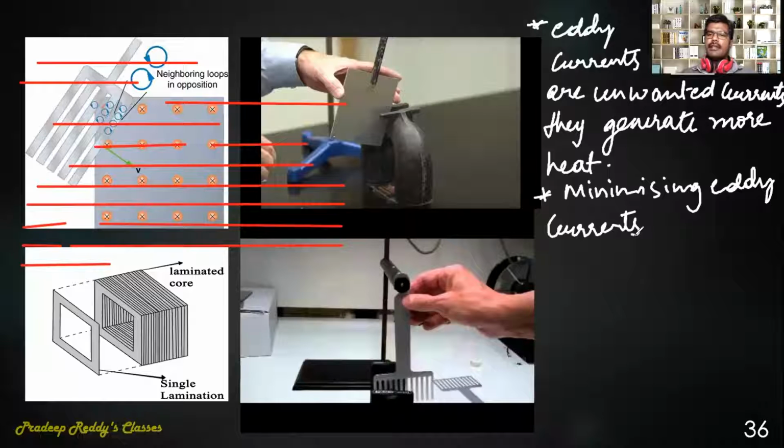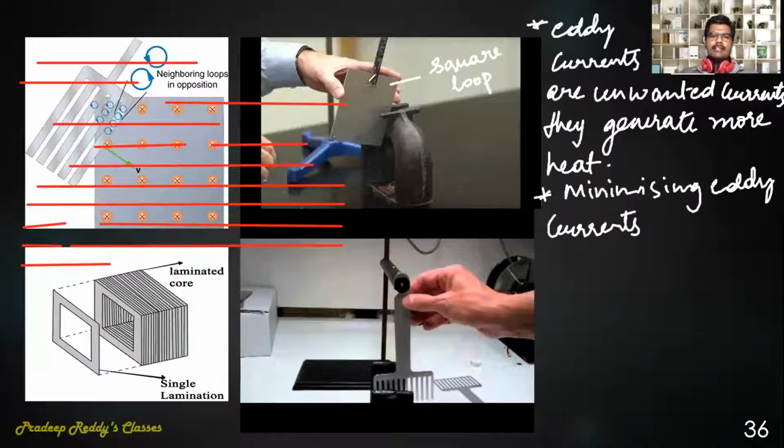You can minimize eddy currents by decreasing the area of that particular conductor. So how will I explain it? See here. This is a conductor, and this is a square loop, right?